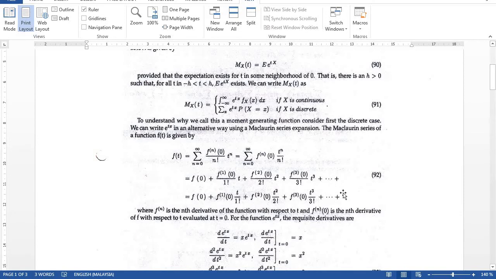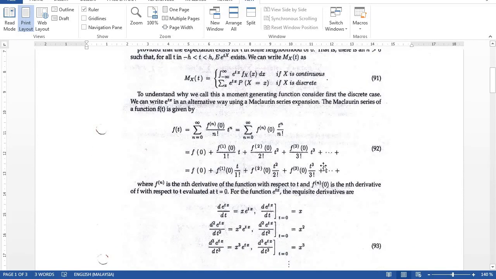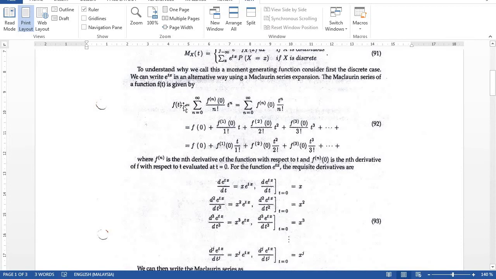Now we want to apply the Maclaurin series to show how we can obtain the moment generating function formula. Because here we don't know what ft looks like, as an example we replace our function ft with the exponential function power tx. So we want to replace the formula inside here.